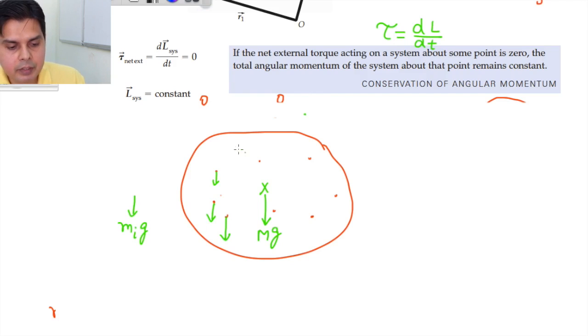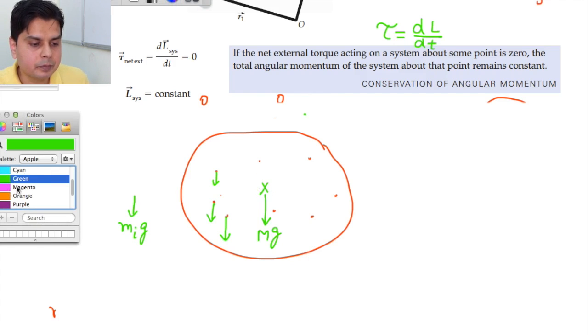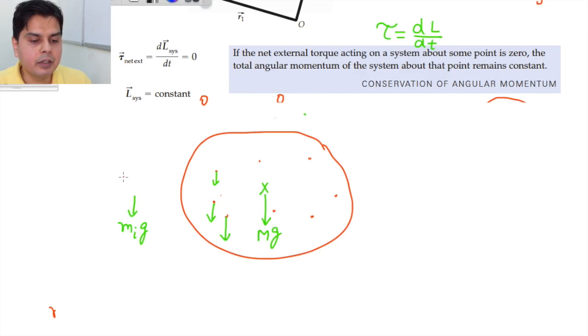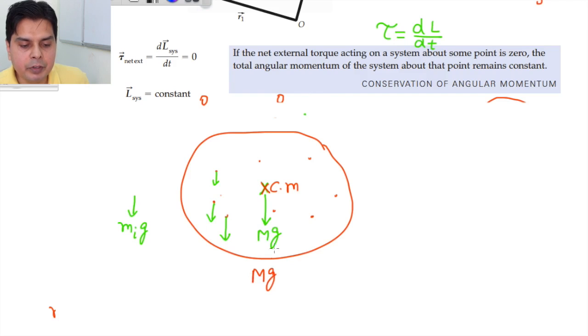But when we are dealing with a collection of particles or a continuous mass, each of these individual forces can be represented by one single force acting on the center of mass. There are different particles and different m_i g, but the total of these m_i g is capital M into g acting on the center of mass.